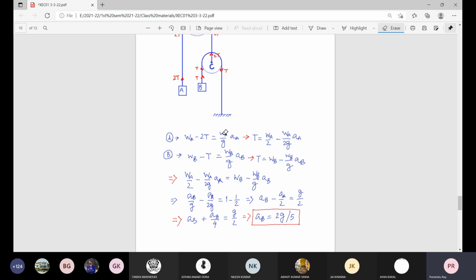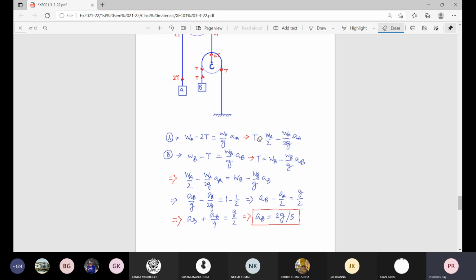So that is mass WA by G multiplied by acceleration of block A. And from that we write down the expression for T, because we need to eliminate T directly from these first two equations of motion. Then for the second block B, net downward unbalanced force is WB minus T, and that is equal to mass of block B, WB by G, multiplied by acceleration of block B. And from here also we write down one more expression for T.